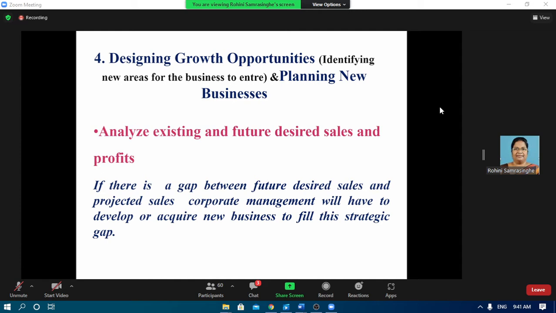Then the major steps in corporate level strategic planning, I think everybody can remember, are 4 activities. First, they want to define or design a corporate mission that would guide the entire organization.